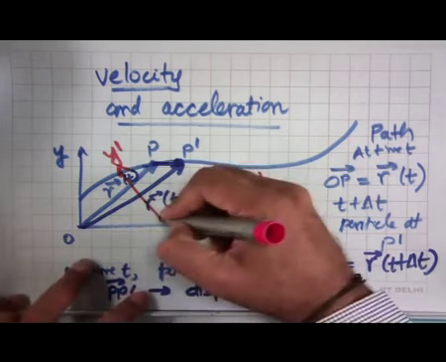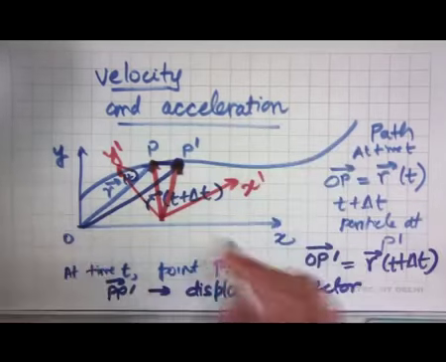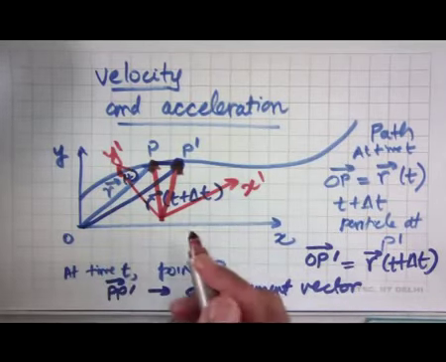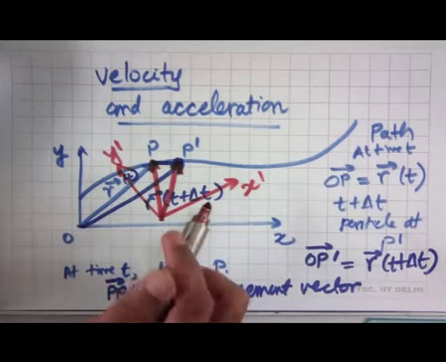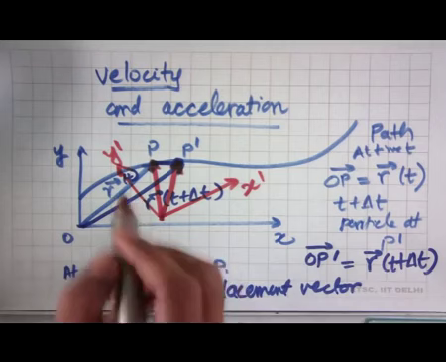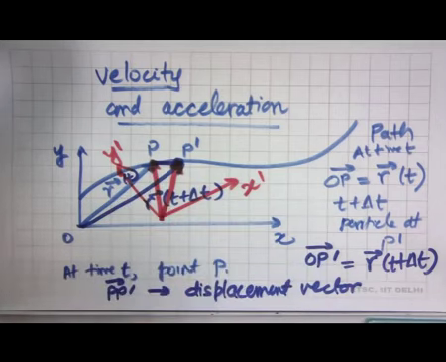Now, if I look at the position vector of point P, position vector of point P prime, they are different from r at t and r at t plus delta t. But if I look at the vector P P prime, this is the same even in the new coordinates, and the velocity is given as P P prime vector divided by delta t, limit delta t going to 0.